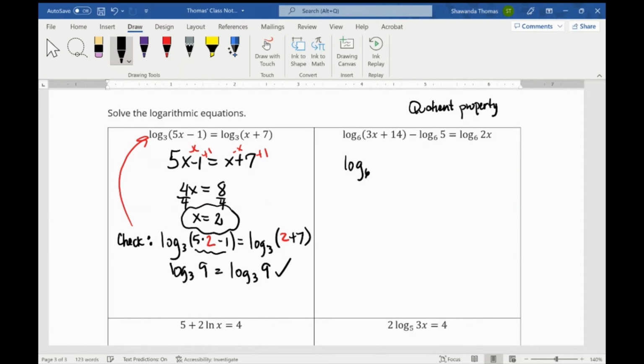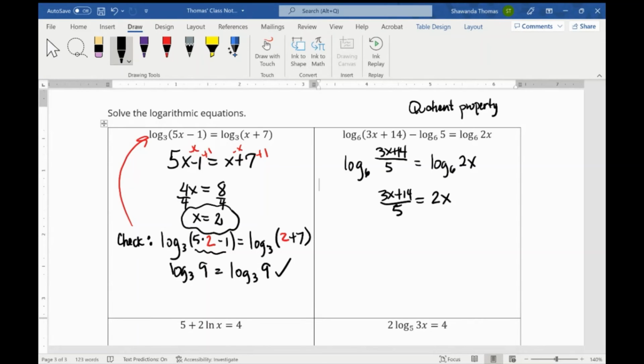Quotient property will allow us to rewrite this as log base 6 of 3x plus 14 divided by 5 equals log base 6 of 2x. Now notice we have 1 log base 6 on the left side, 1 log base 6 on the right side. So therefore, we can get rid of those and just set 3x plus 14 over 5 equal to 2x.